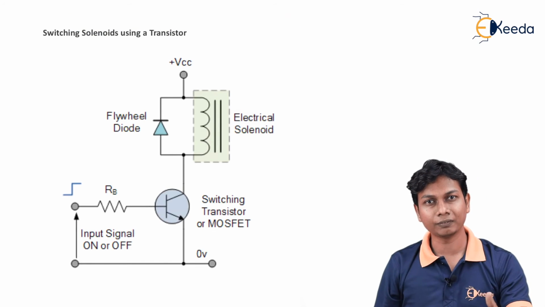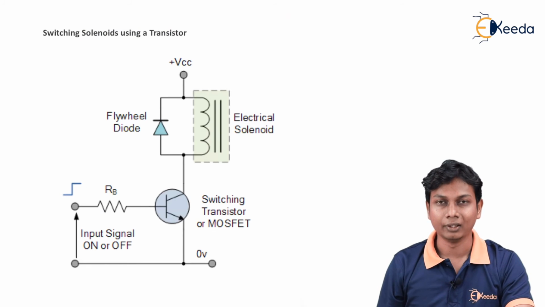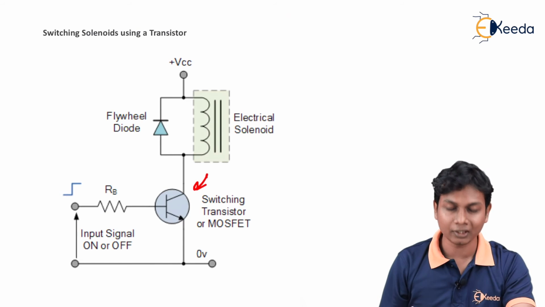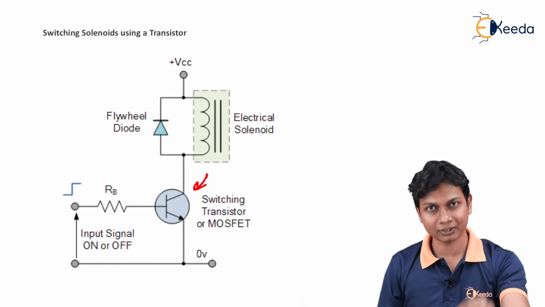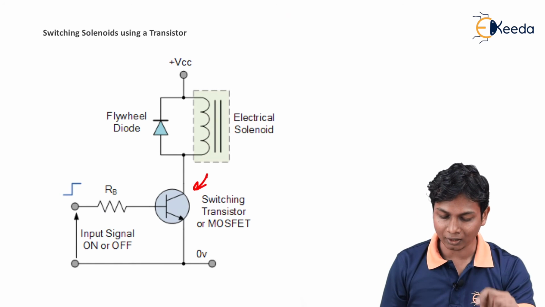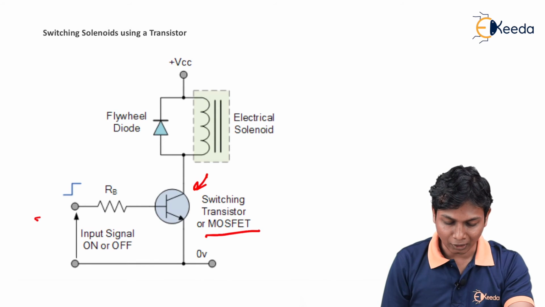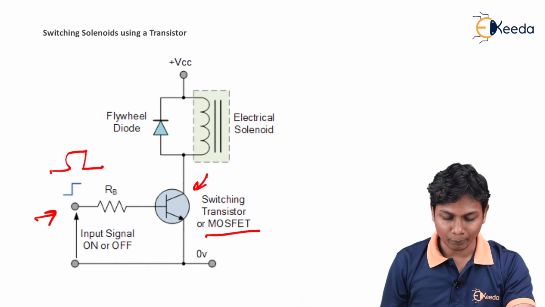Here is one of the circuit diagrams for switching a solenoid using a transistor. This is our transistor, which is used for the switching purpose. For faster switching, we can also use a MOSFET. Here we are applying a square type input signal.